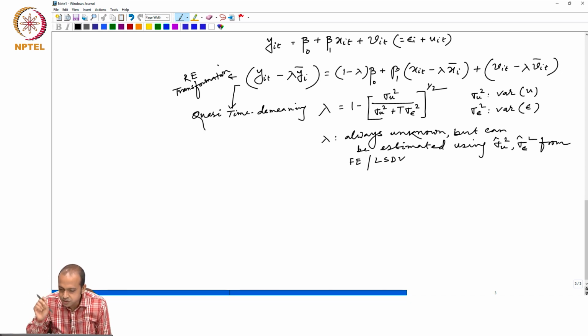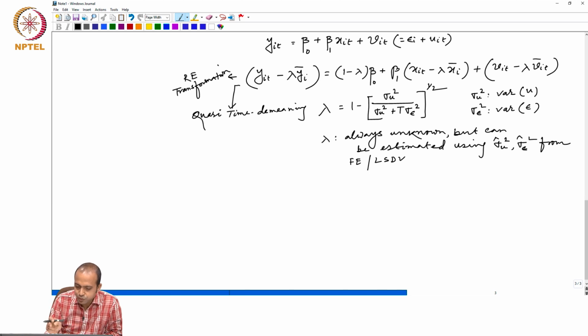So, with this we are solving the autocorrelation problem that we were having in the model of pooled OLS.